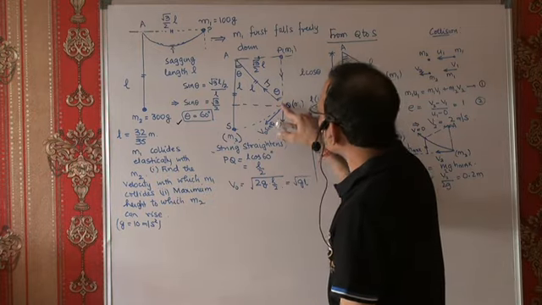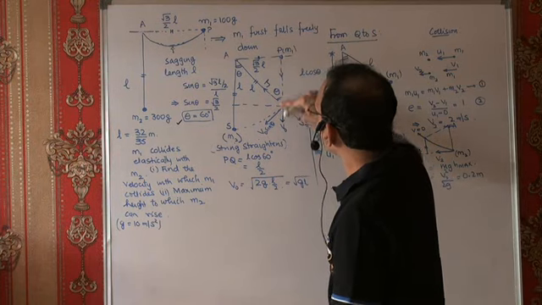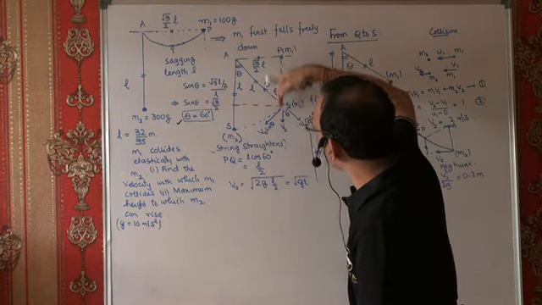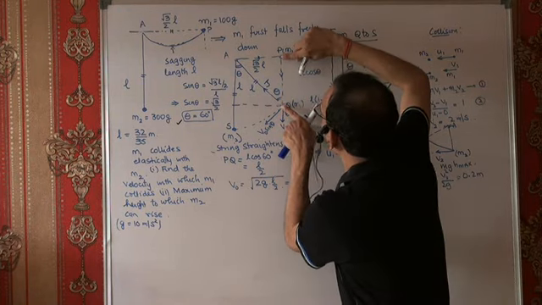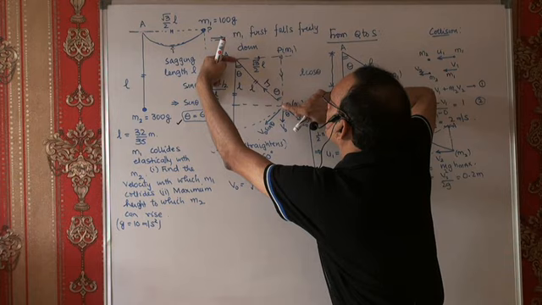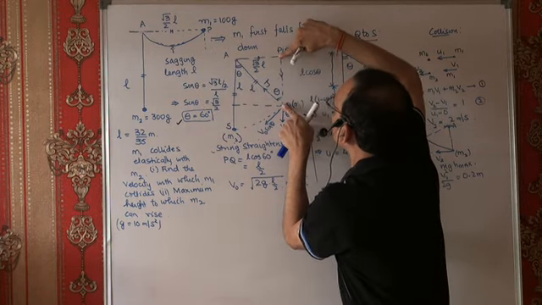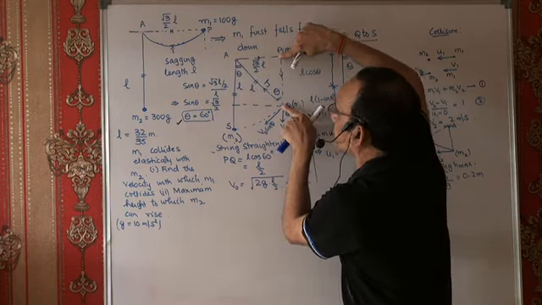So, by the time the particle goes from P to Q, do you realize it has acquired a downward velocity V0, and it has fallen through a length, which is what? This is L. So this length is L cos theta. That's the length through which it has fallen, L cos theta.